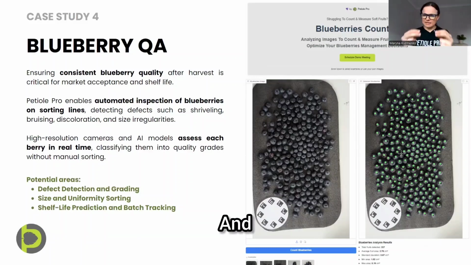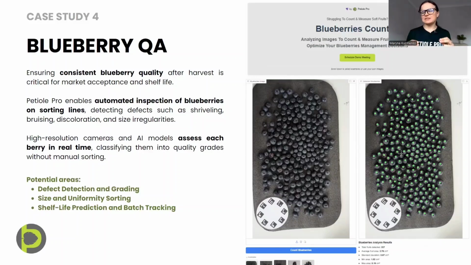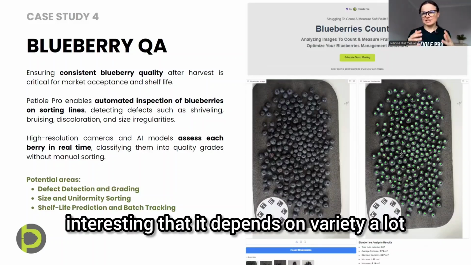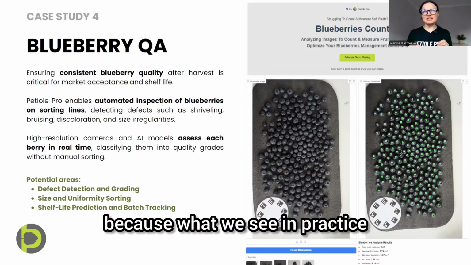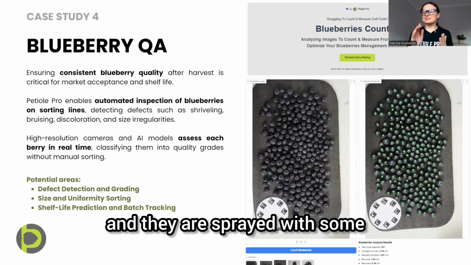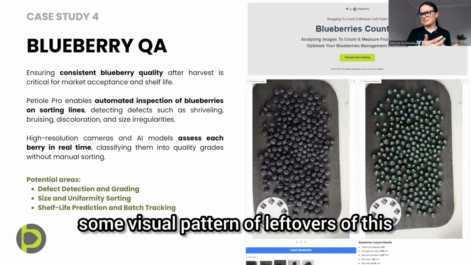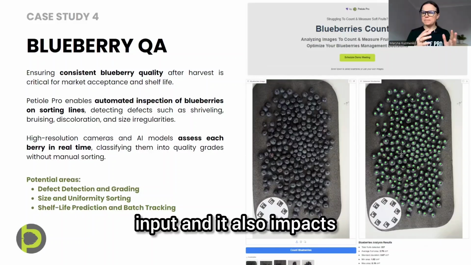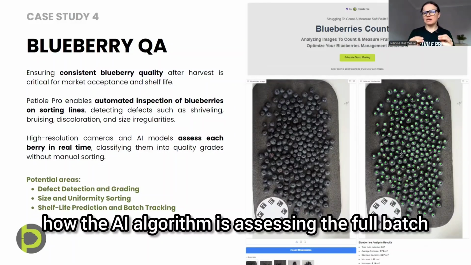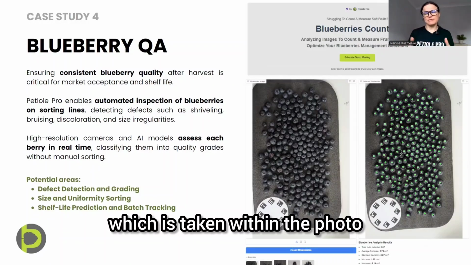And the final stage is about defects. It's interesting that it depends on variety a lot, because what we see in practice is that for some blueberries, when they are growing in the field and are sprayed with some specific agricultural input, we have a visual pattern of leftovers of this input, and it also impacts how the AI algorithm assesses the full batch taken within the photo.